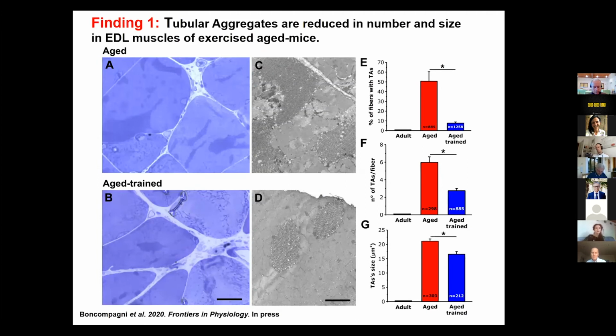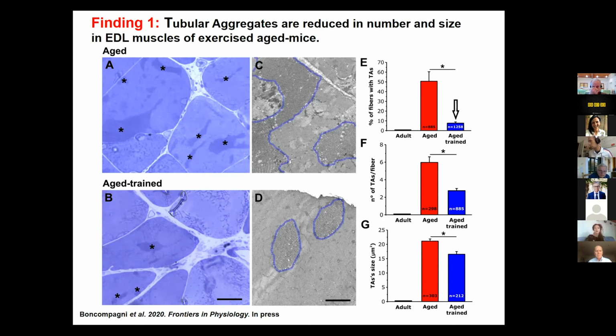And the first very encouraging results came immediately when we quantified in histological sections the number of fibers presenting TAs, visible in these histological images as darker islands, the number of TAs per fiber, and also the average size of the aggregates. As you can see in these bar graphs on the right, the percentage of fibers presenting TAs was strikingly reduced from 70 to only 50% in aged muscle following training.